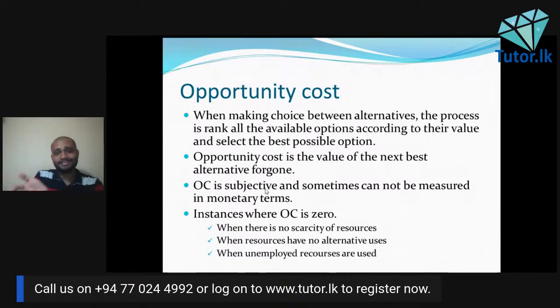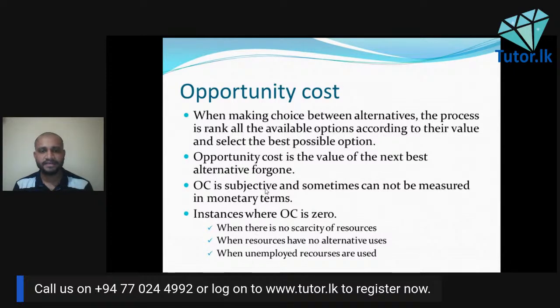So when there is no scarcity of resources, do we have to make a choice? Not really. We can do all the options. When the resources are not scarce, I don't have to make any choice. I can easily do all the identified alternatives. So there is no opportunity cost there.